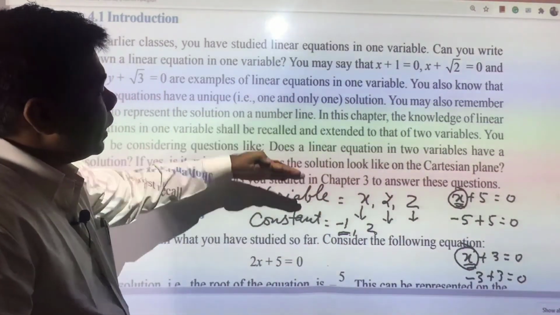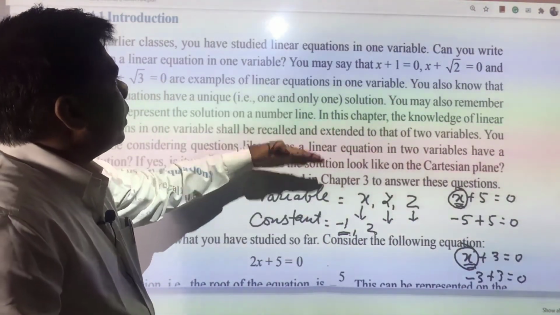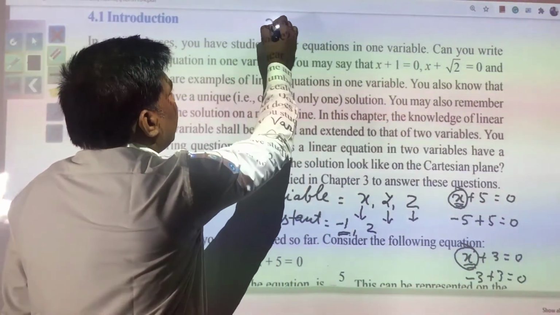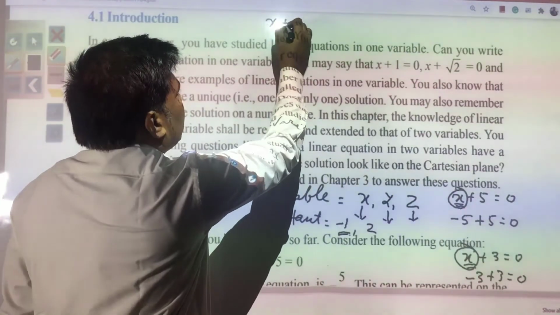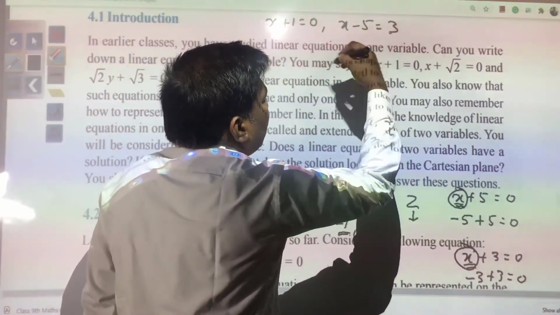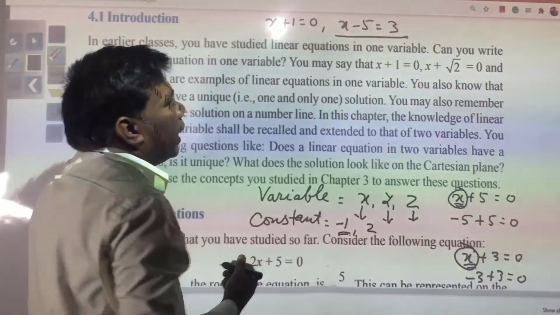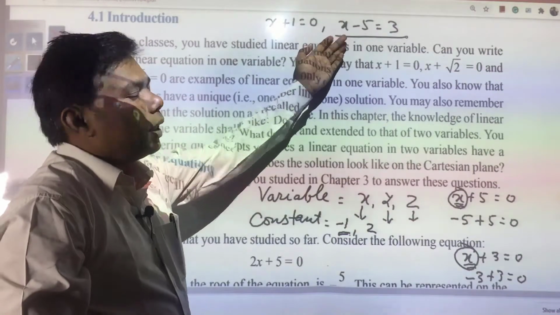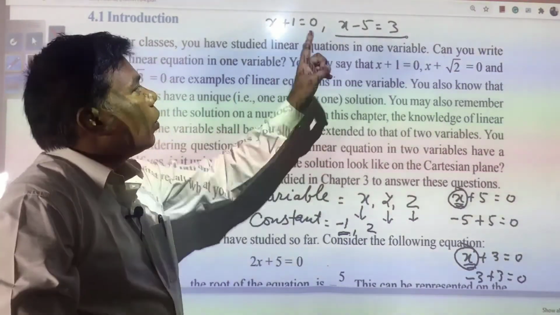So, here if it is said one variable linear equations, it may be as it has been given, you see x plus 1 is equal to 0 or x minus 5 is equal to 3 or whatever. Any linear equation where you have one variable term.